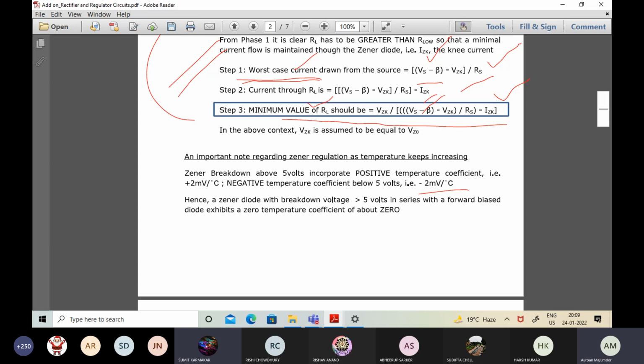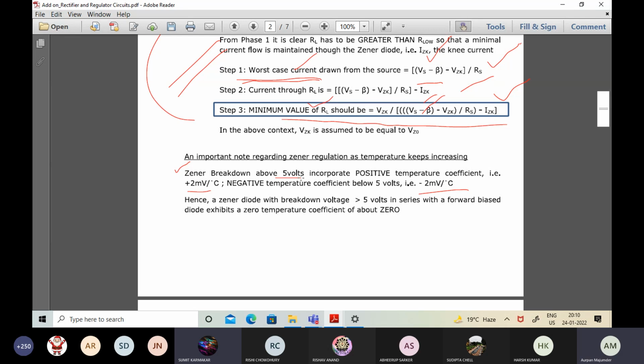Now, if you connect a normal diode under forward bias with a Zener diode in series, but the Zener diode is in reverse bias, in any kind of circuit, and the add-on information is that the Zener breakdown voltage is greater than 5 volts, then what we encounter, as clearly mentioned on the screen, is that the Zener breakdown incorporates a positive temperature coefficient above 5 volts.